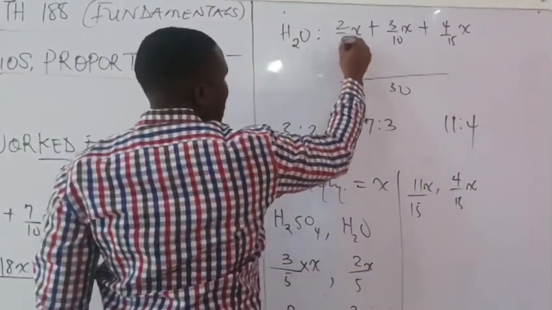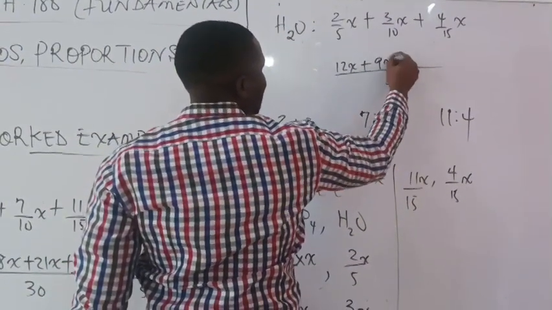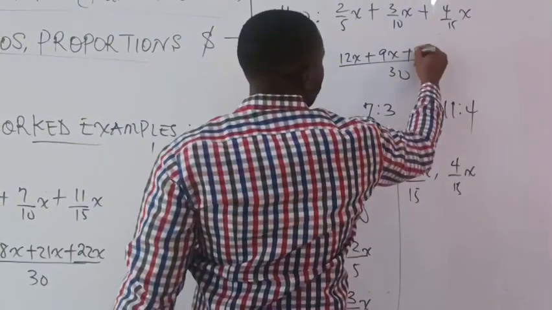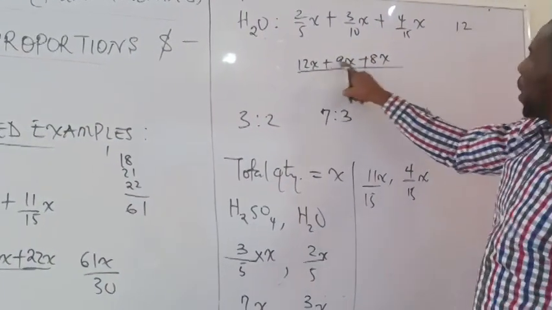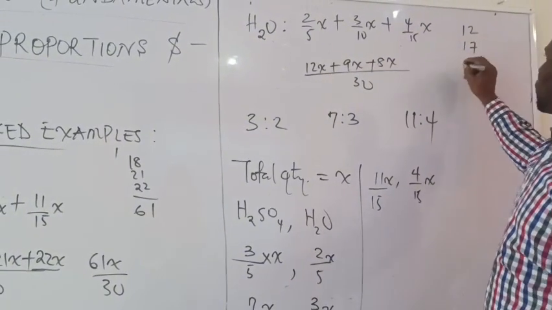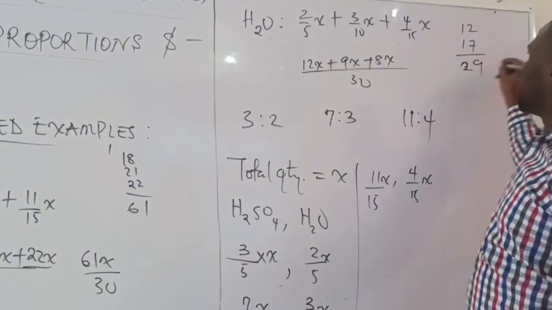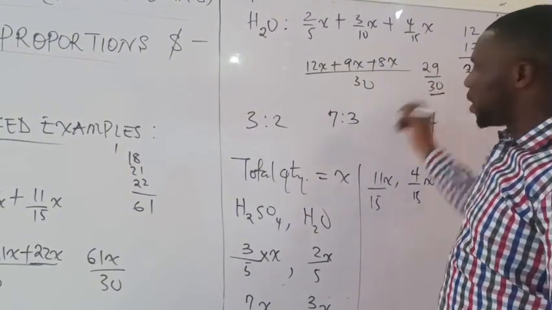This is 6 times 2 is 12x plus, this is 3 times 3 is 9x plus this is 2. 30 divided by 15 is 2. 2 times 4, that's 8x. So when you add up everything, you just have 12, then you have 17. 12 plus 17, this is 9, this is 2. So this becomes 29/30. That is for water.